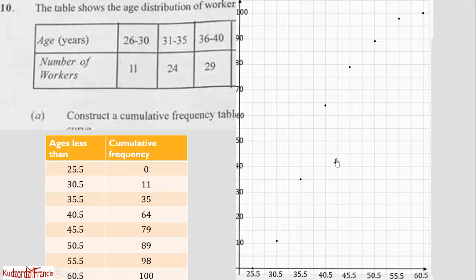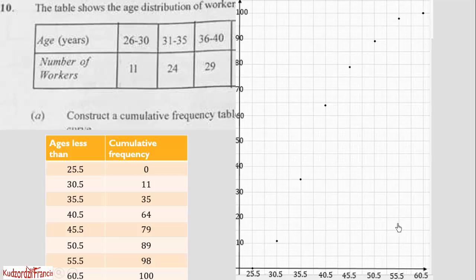Then 35.5 goes with 35. 40.5 goes with 64. Then 45.5 goes with 80. 50.5 goes with 89.